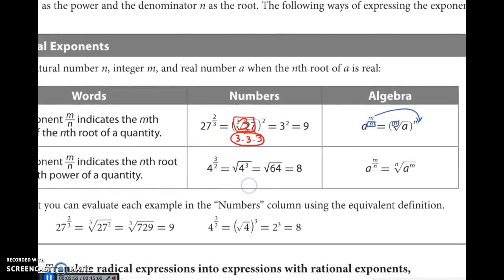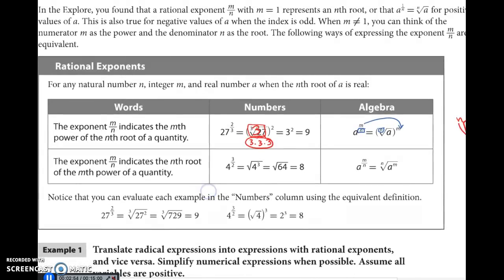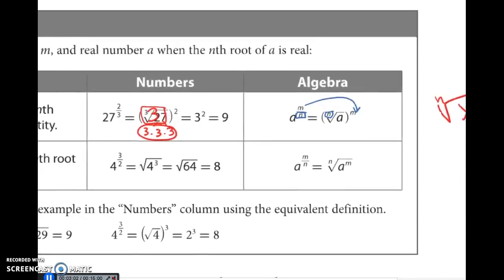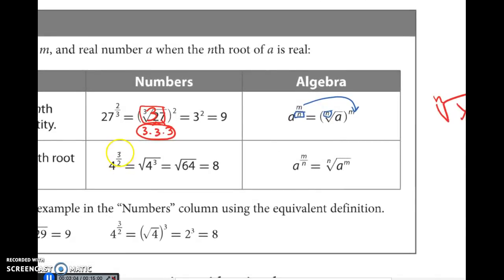Now looking at the second part, it says an exponent m over n indicates the nth root of the mth power of a quantity. So rather than putting the numerator on the outside, you can put it on the inside as well.